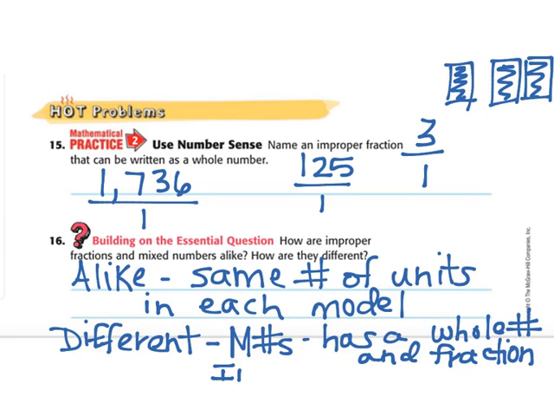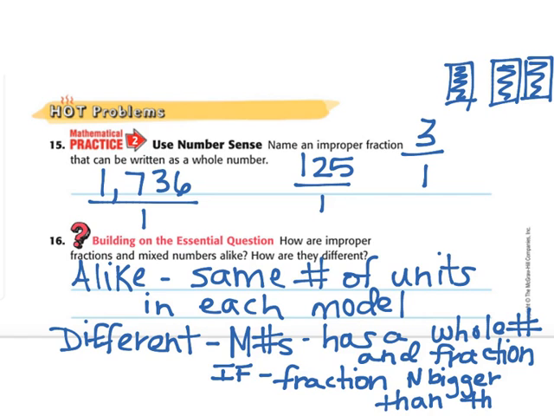And improper fractions only have a fraction. And the numerator is bigger than the denominator. And because of space, I just abbreviated.